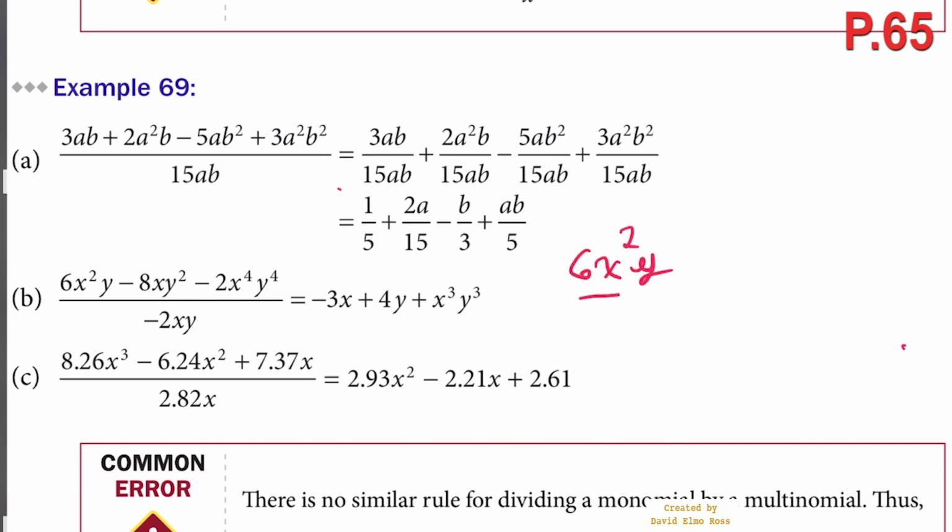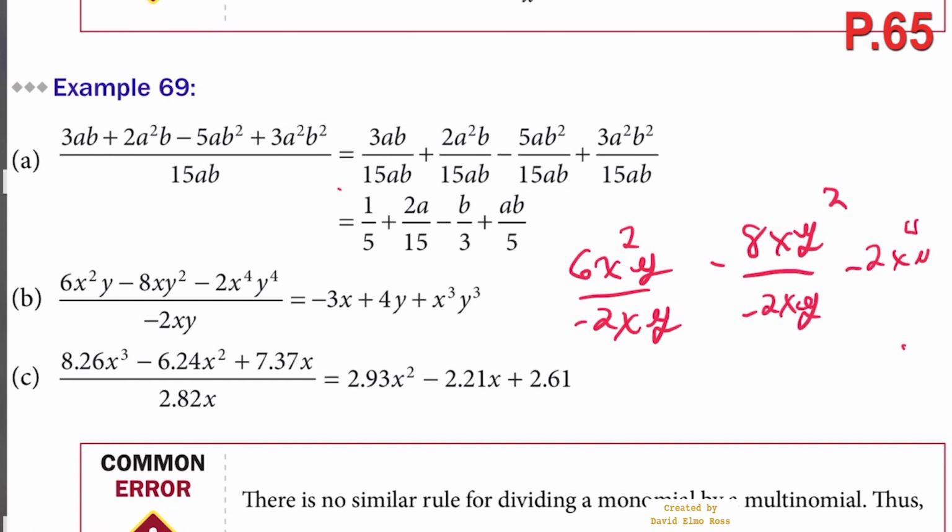On number b here, we can write out and put an intermediate step of 6x squared y over minus 2xy, minus 8x y squared over minus 2xy, and finally minus 2x to the fourth y to the fourth, all over minus 2xy. When we do that, we can cancel 6 over 2 to give us minus 3 here, and I think you can see that the y's go out and we're left with x squared over x to give us a total answer here of 3x.